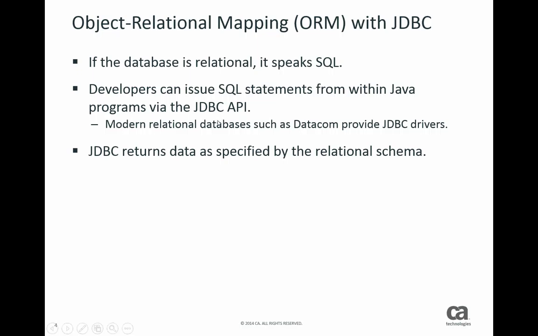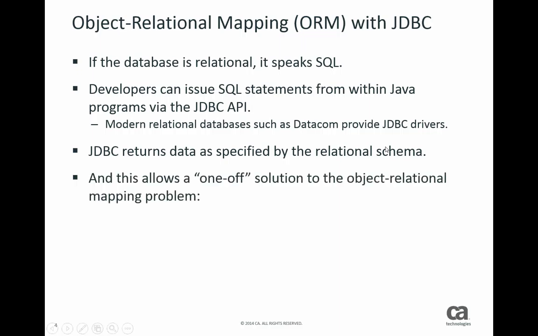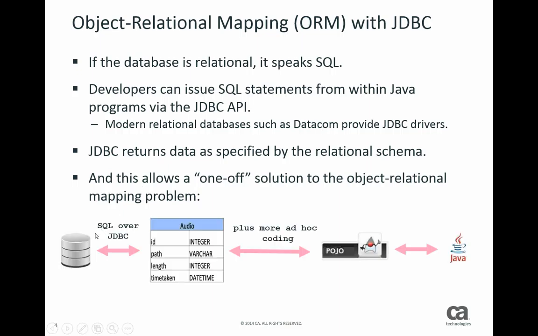The JDBC will return sort of raw bytes as data with a description through the relational schema of the semantics of that data, and then developers can do a one-off solution where they get data using SQL over JDBC, it comes back, and they can then interpret that with some ad hoc coding as a plain old Java object, which is now the right place to do business logic. If we need to update the database, we retrace our steps and go back and change it through the same process.